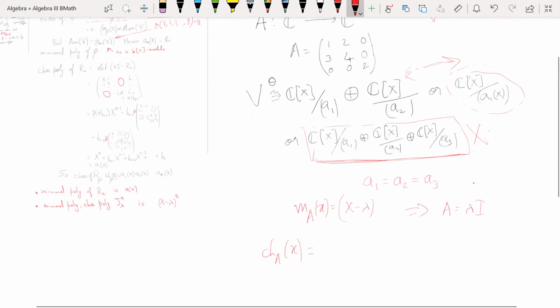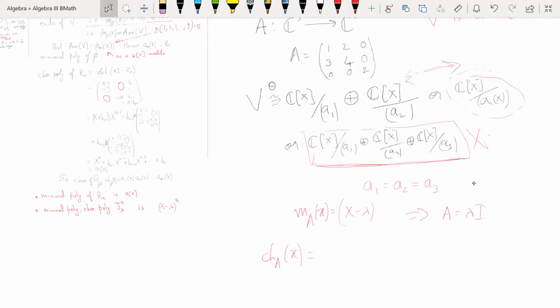I didn't do the calculation, but it's the determinant of x minus 1, minus 2, 0; minus 3, x minus 4, 0; 0, 0, x minus 2. So x minus 2 is one of the factors.